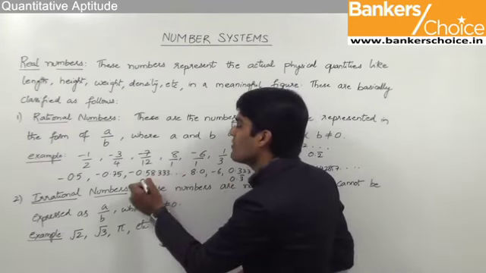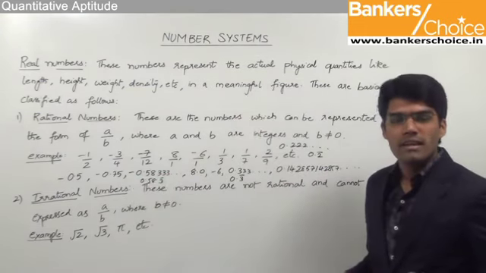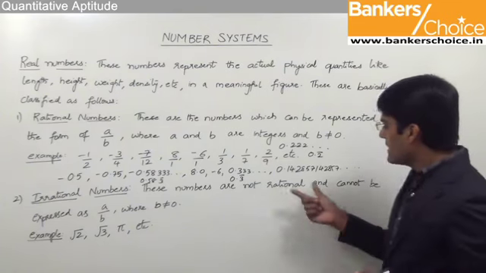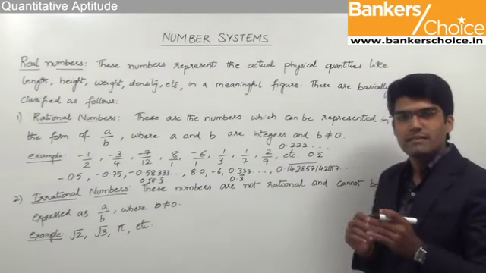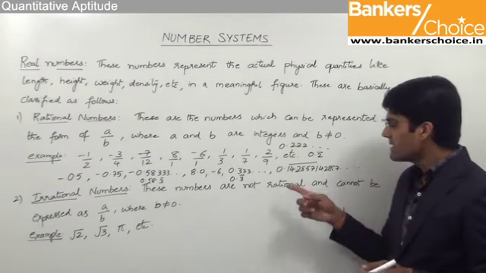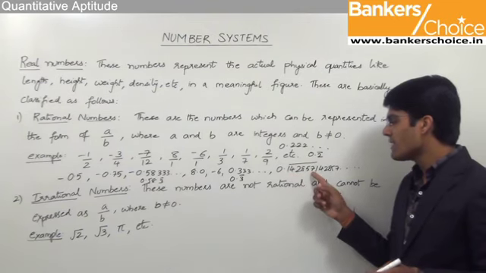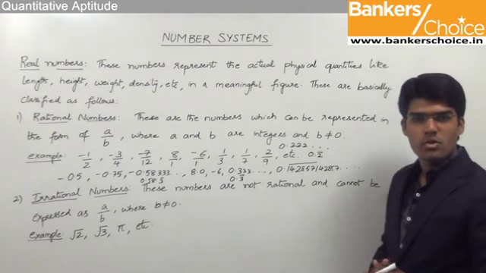So this can be taken as 0.583 bar. That means 3 occurs again and again at regular intervals. And in this case, we find that 142857, the set of these 6 digits, occurs again and again up to infinity. As you can see, this is 0.142857, 142857, and 142857, and so on.